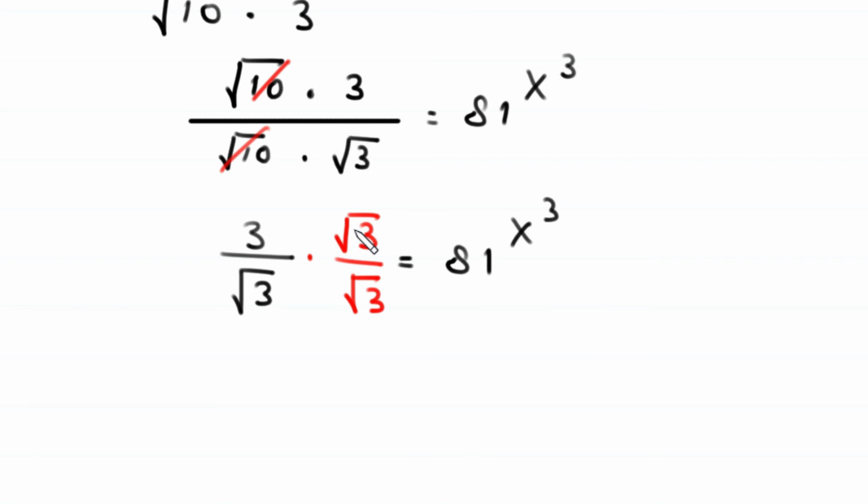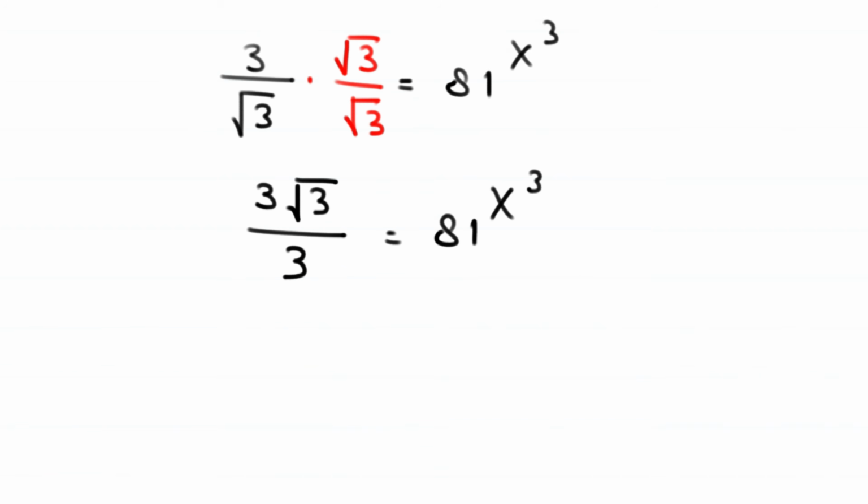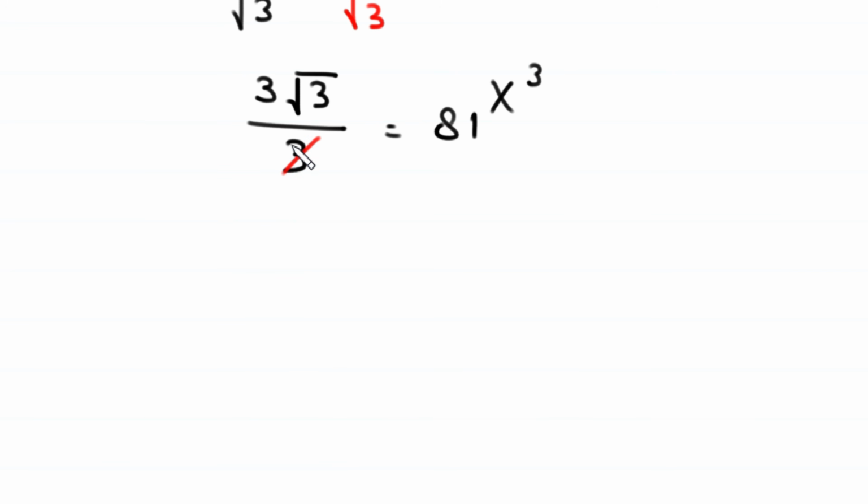So this will become 3 root 3 divided by root 3 times root 3, which is 3, equals 81 to the power x cubed. Now this 3 will be cancelled with this 3 and on the left hand side we are left with root 3.